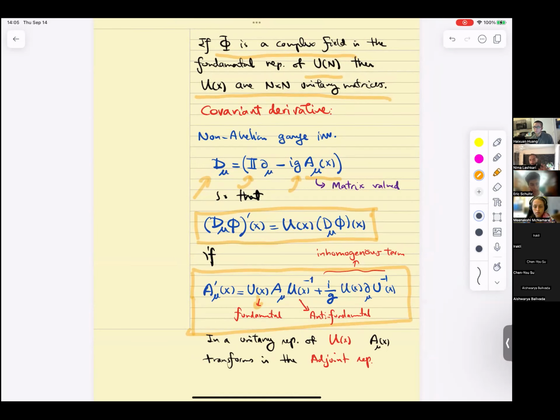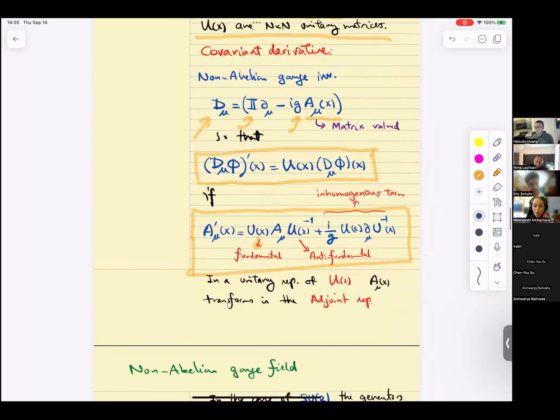So these U's are the fundamental representation of the group. A mu is transforming using U of x on the left and U minus 1 on the right, fundamental and anti-fundamental. And this is the adjoint representation, if you recall from the last lecture. There is this inhomogeneous term there, and that inhomogeneous term is inevitable. It's just a vector field. So A mu of x is in the adjoint representation.